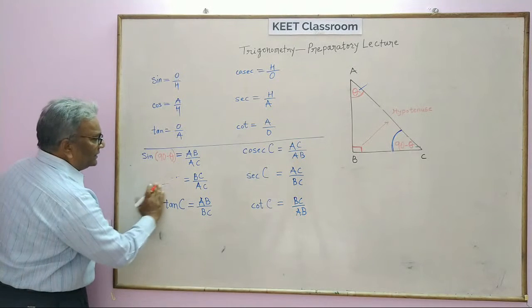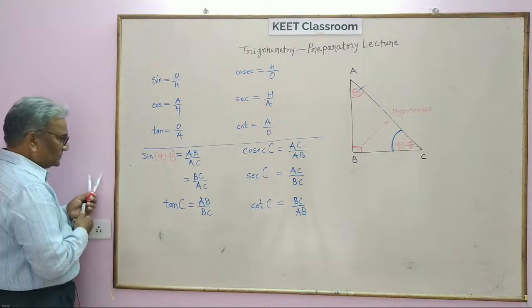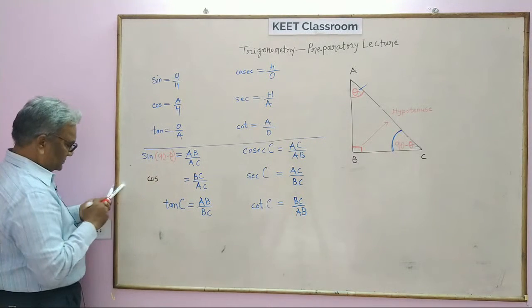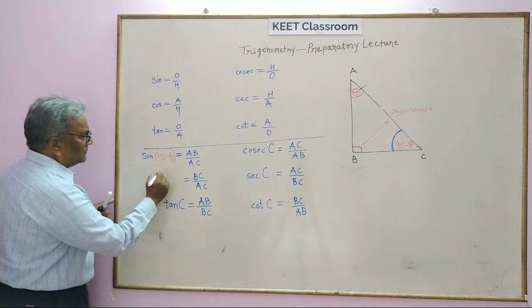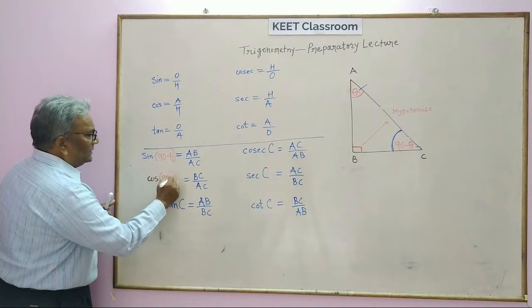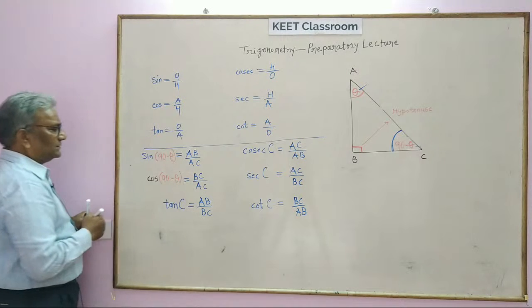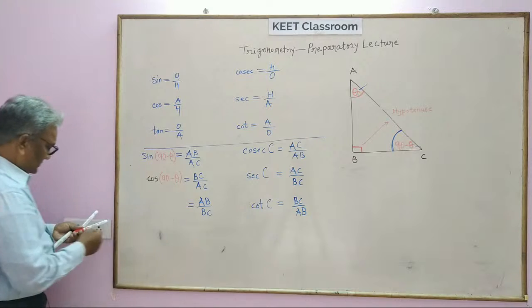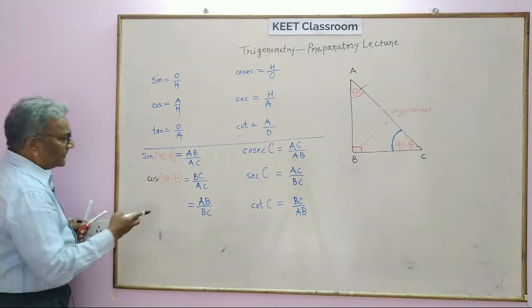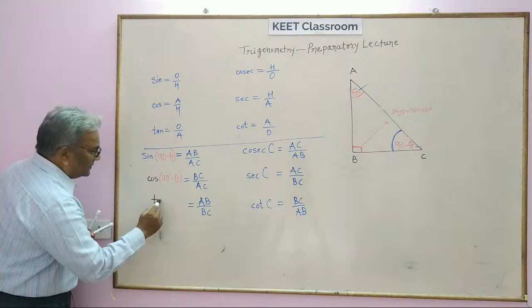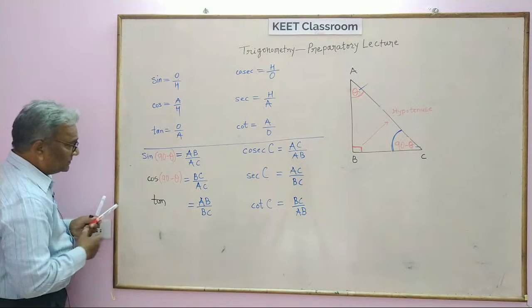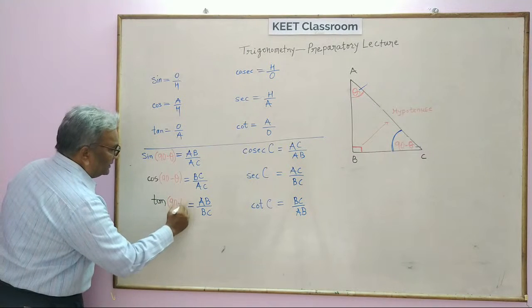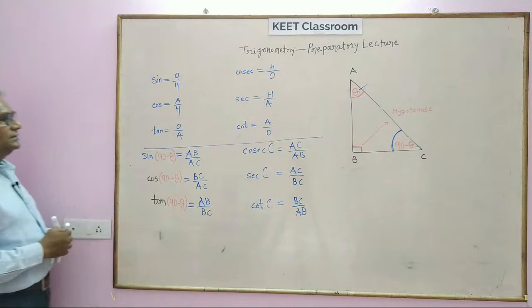Similarly, we can write here for cos also, cos 90 minus theta, and for tan it is again tan 90 minus theta.